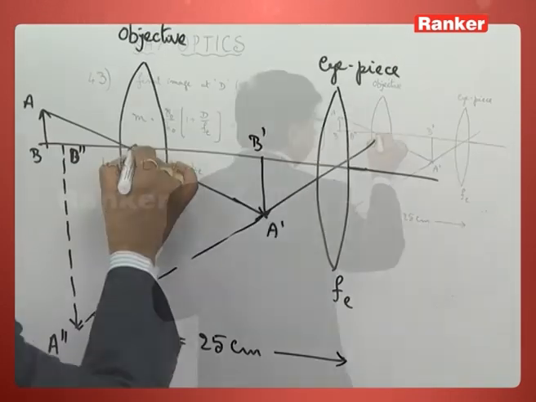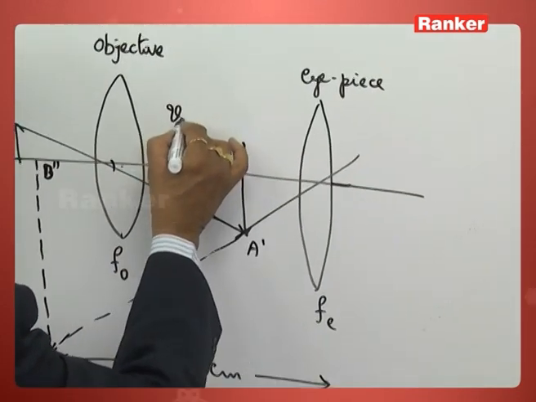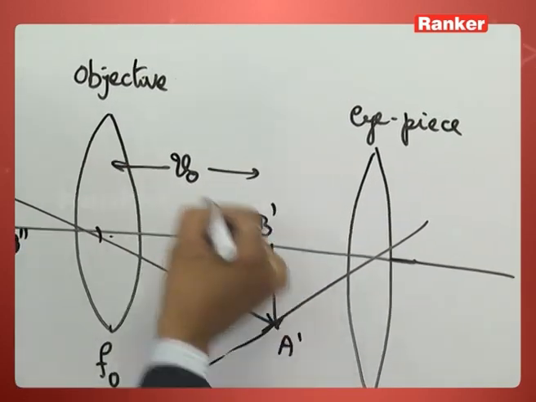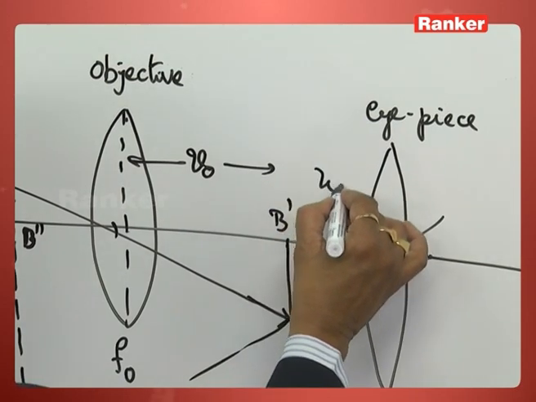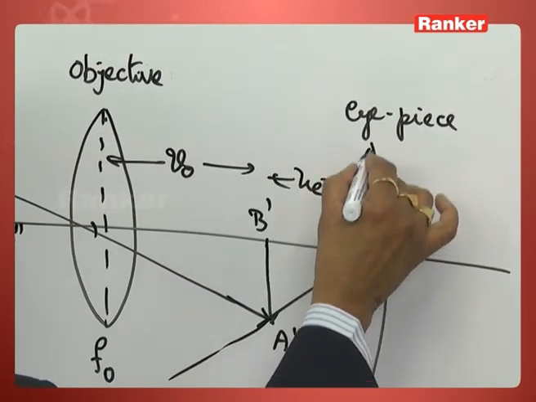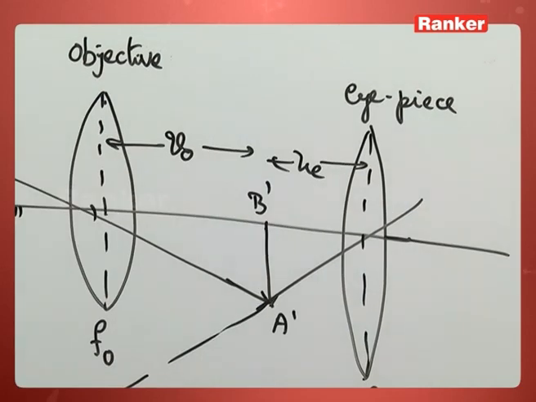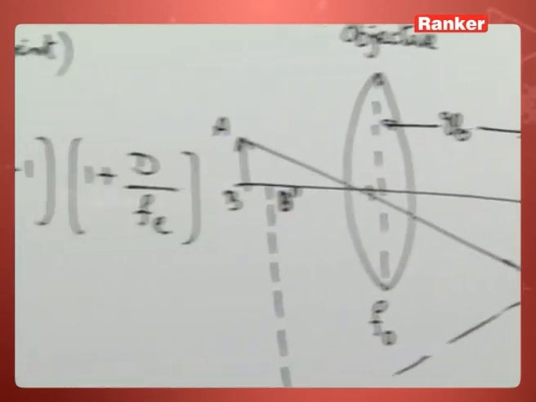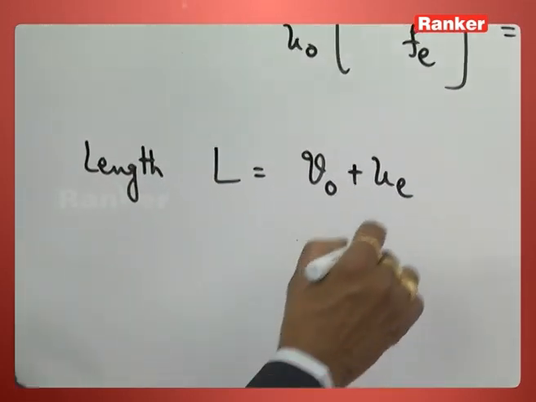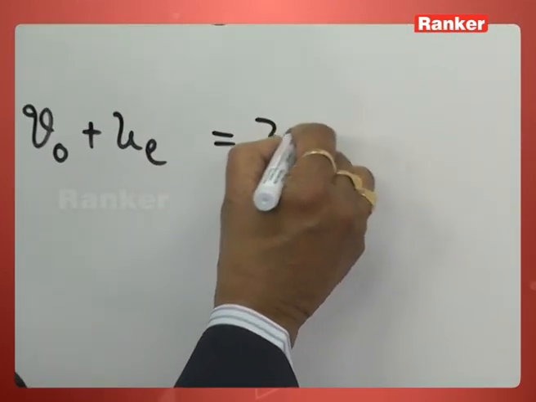Now you can understand well, this distance is called VO, the image distance from the objective, and this distance is called UE, the object distance from the eyepiece. This distance totally is given as the length in this problem, and its value is given as 30 centimeter.